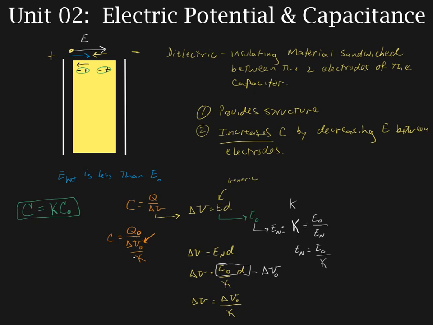Okay, so we're going to get C is equal to, now kappa is going to go into the numerator, and we get kappa Q naught over delta V naught, and the Q naught over delta V naught is just C naught. So we get kappa times C naught, which was the expression that we were looking for.